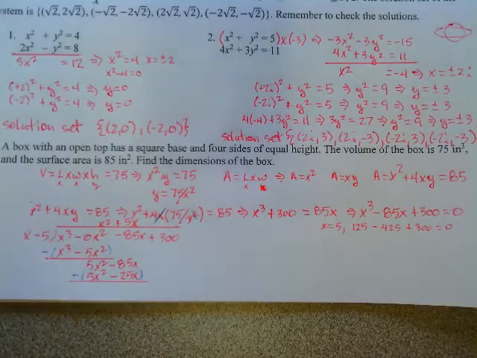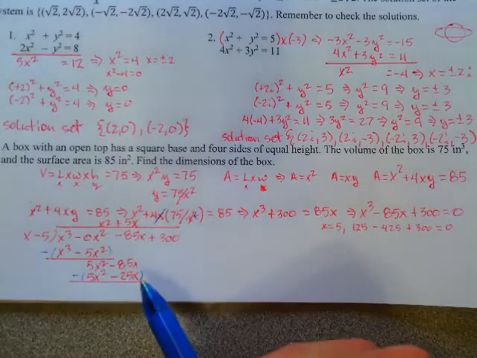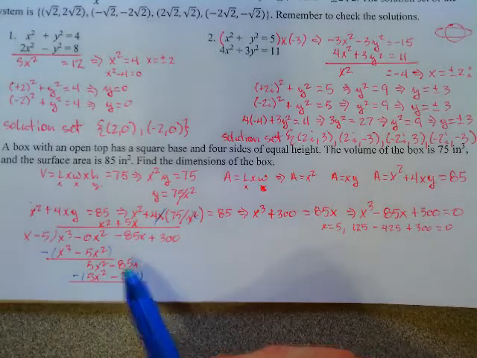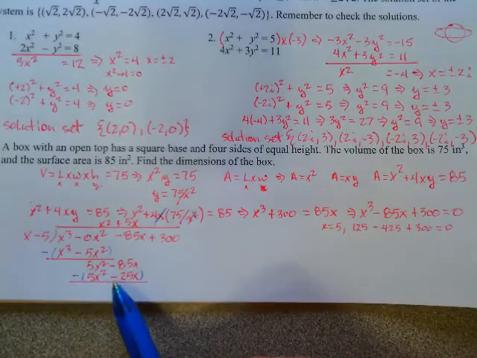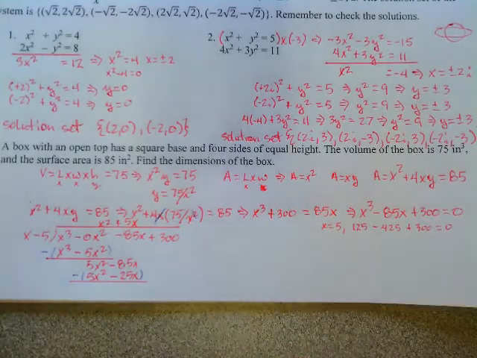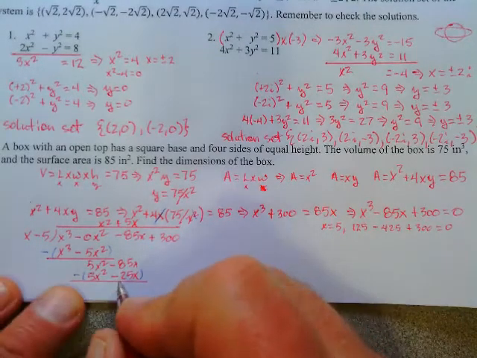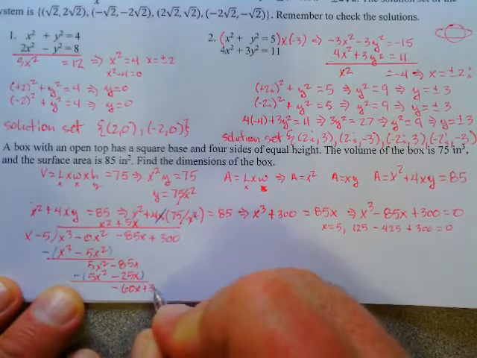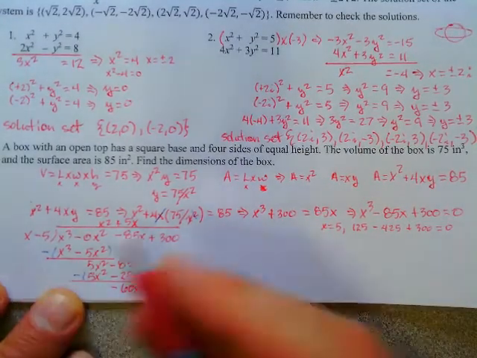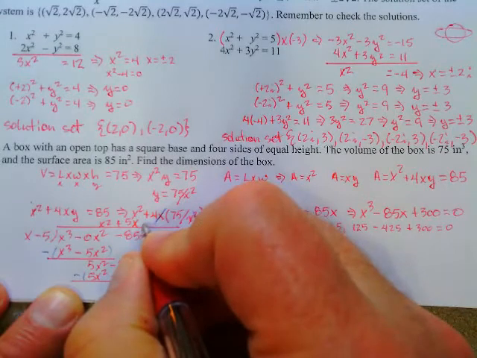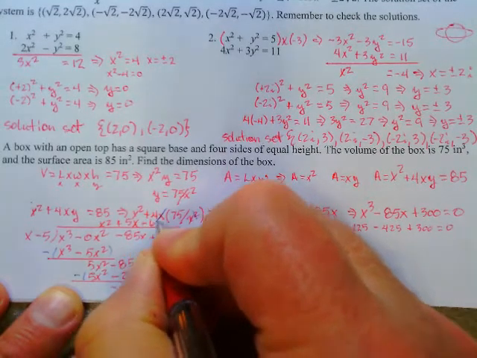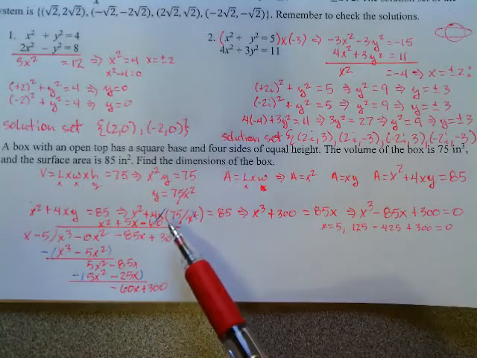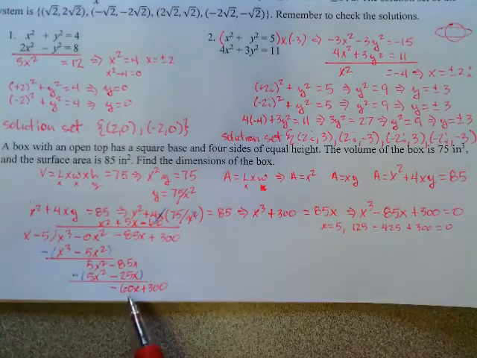The 5x squareds go away, and I have negative 85, subtract, so that's plus 25, so that's going to give me a negative 60x, plus 300, and so I need a negative 60. And negative 60 times the x will give me negative 60x.